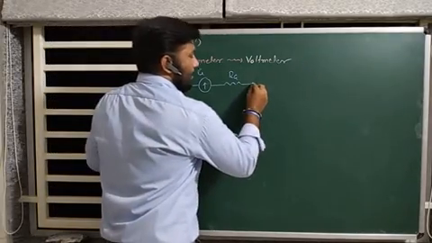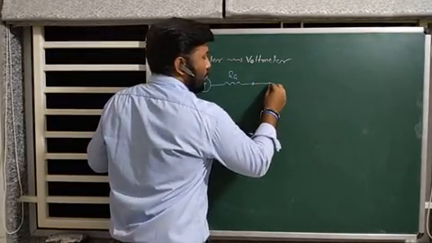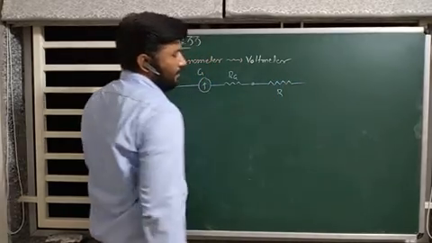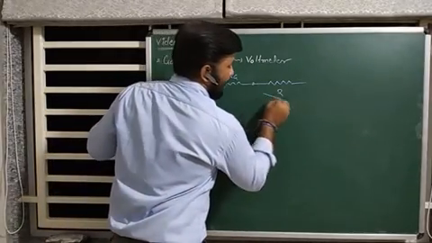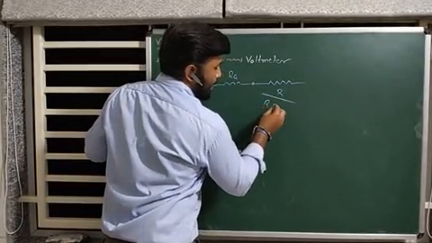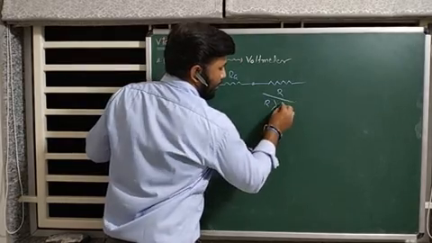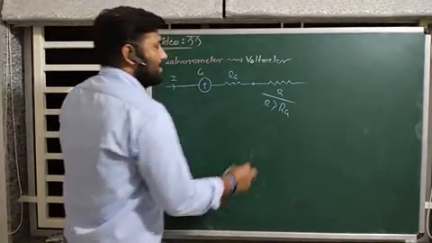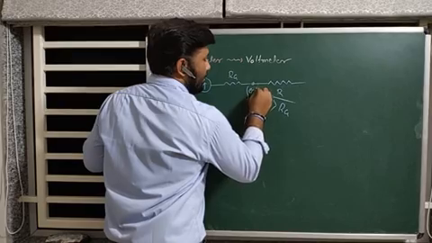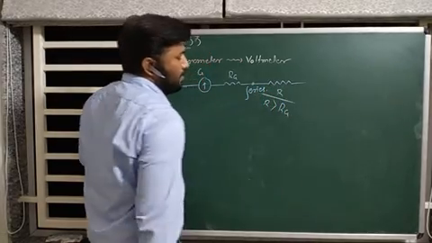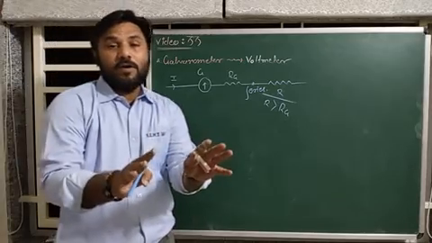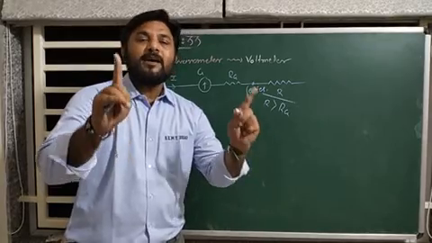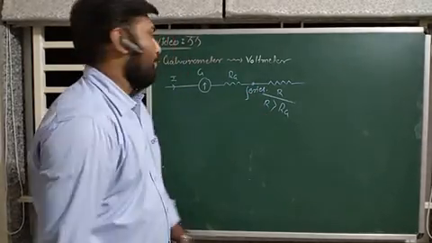Then from here, you have to connect one resistance R, and the value of R must be greater than Rg. Simple. And it is connected in series. So it is vice versa of the conversion of galvanometer into ammeter. Once again, in a sentence, listen carefully.